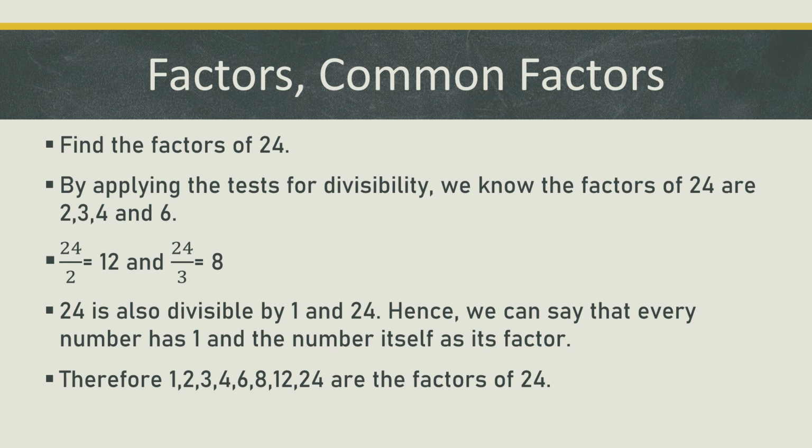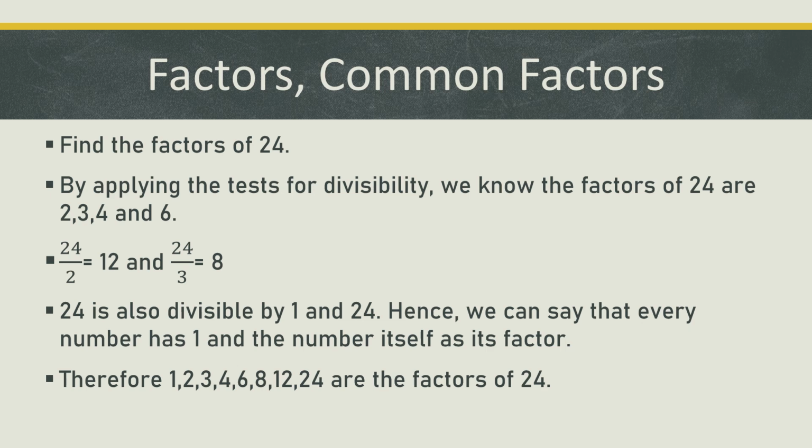So 24 by 2 I get 12, 24 by 3 I get 8. So 2 is a factor of 24 and 12 is also a factor of 24. Always remember the divisor and the quotient, both are factors of the number given in the question, because when you get remainder 0, both numbers can be taken from the tables and it will be divided easily.